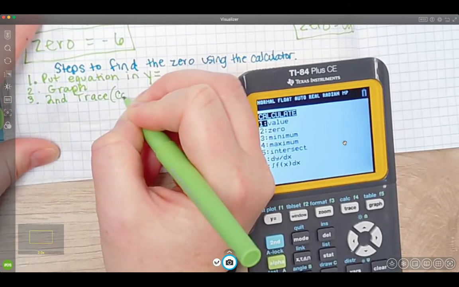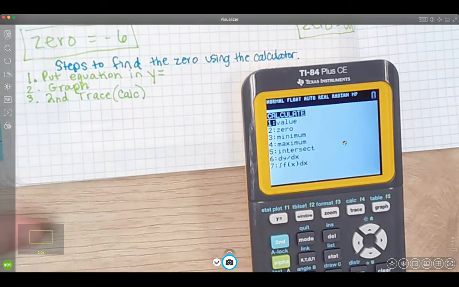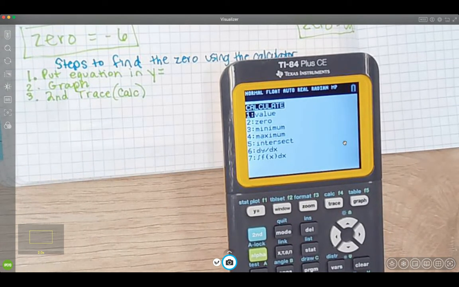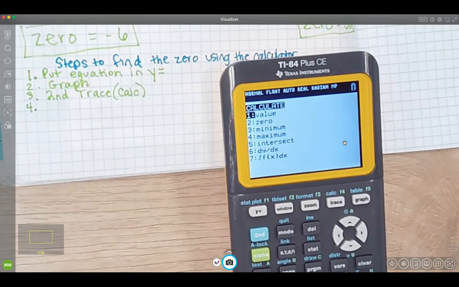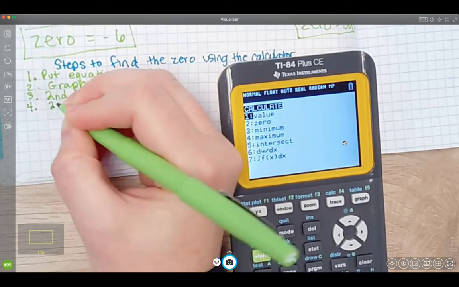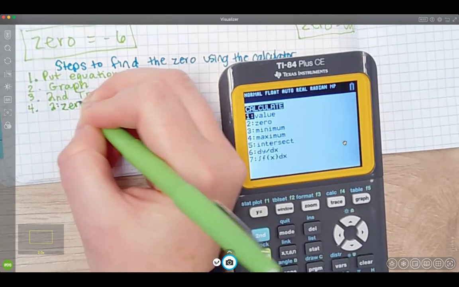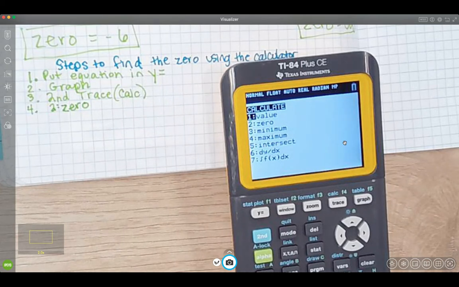So I'm going to put calc. What are we actually finding? 0, yeah. You can only use intersect whenever you have 2 lines graphed. Okay. So we're going to go to 0.